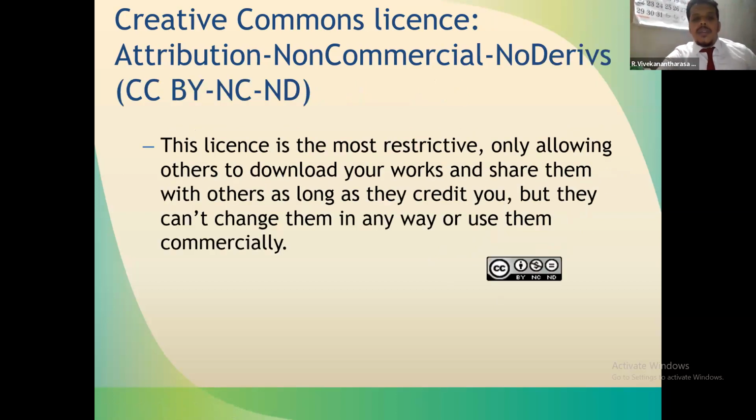Right. Finally, the final license is CC BY NC ND. This license is the most restrictive, only allowing others to download your works and share them with others as long as they credit you. You have to pay some money, and then only you can download the article. You might have faced this problem when you download an article. They will ask for payment, and you have to pay the money to get the article.